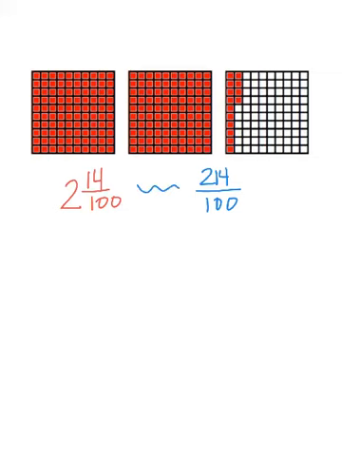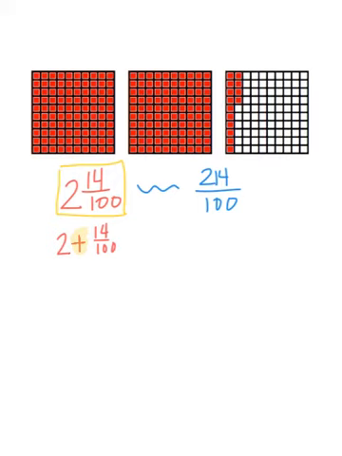They both mean the same thing. One is a mixed number, one is in fraction form, right? The correct way to say this one is 2 and 14 hundredths. This plus sign right here is when we use the word and.